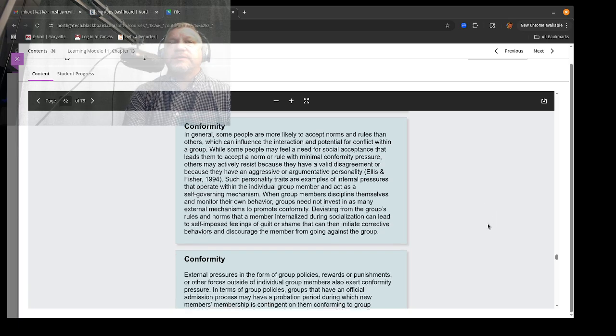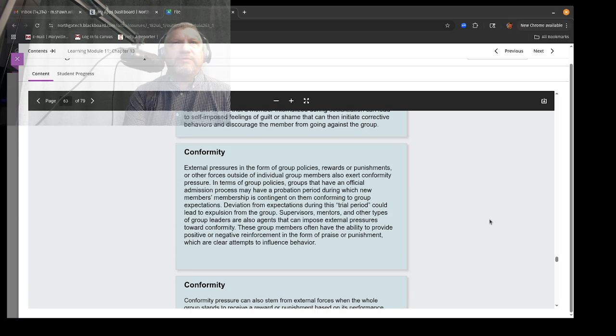So there's got to be a level of conformity. External pressures form groups' policies and or rewards or punishments as well, so we need to think about that. Deviations can lead ultimately to expulsion from groups, and that's up to the people involved in the group to make those things happen.